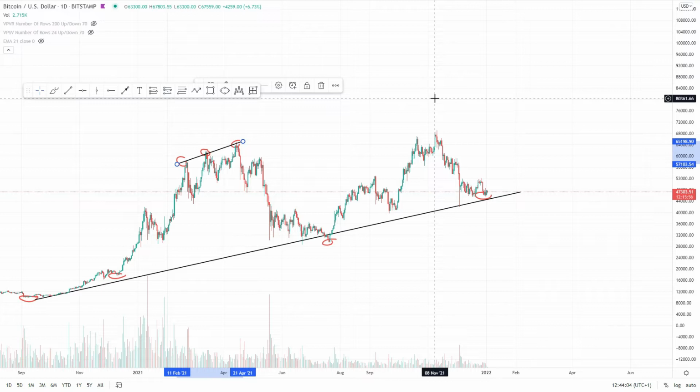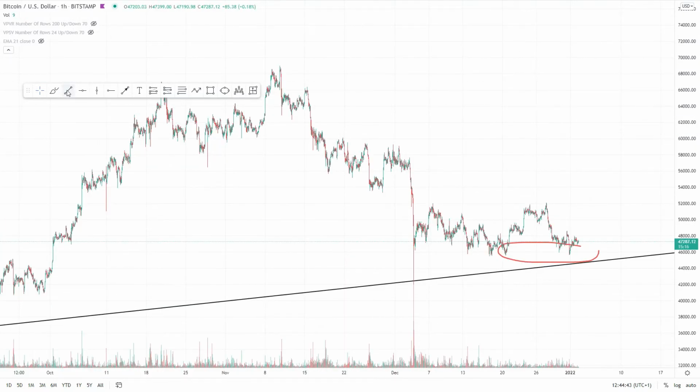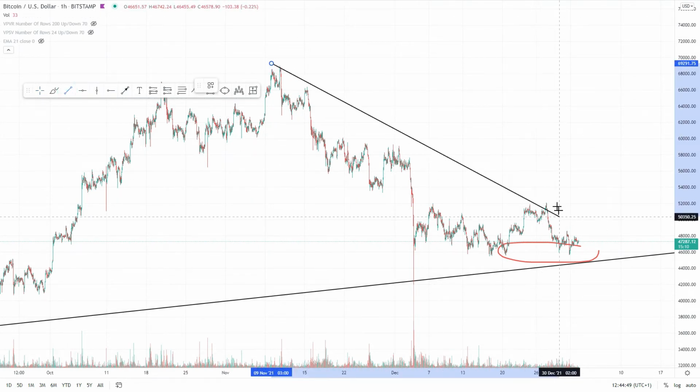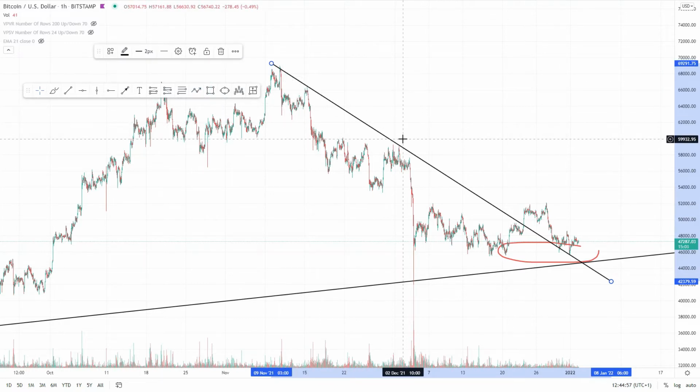Why should you use trend lines? You should use trend lines because they are very simple and very useful. For example, if you switch to the 1 hour chart, we can also draw trend lines on small time frames. For example here, like this, and you can see this trend line is a bearish trend line.